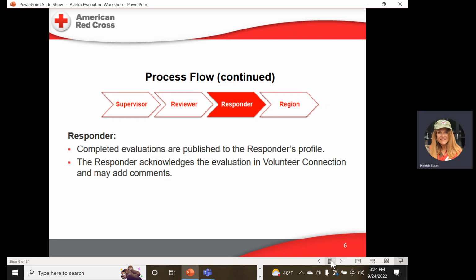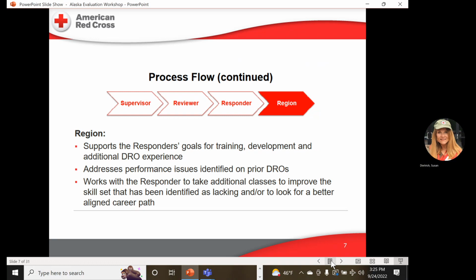So then the evaluation goes to the responder, and it's published in the responder's profile. The responder acknowledges the evaluation in the Volunteer Connection and adds comments for 5 days. They have 5 days after it appears in Volunteer Connection to make some comments.